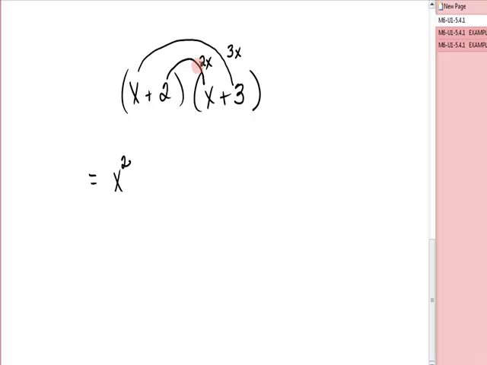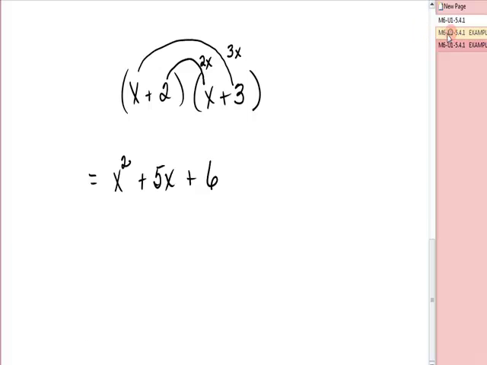And then looking at those, you can combine them together, if possible, for 5x. Then the product of the last is 2 times 3, or 6. That does make it a little bit faster than the distributive property. If you get really good at it, you will no longer need to write the outers and inners down. You can hold them in your head and combine them. But I'll be writing them down in the notes.